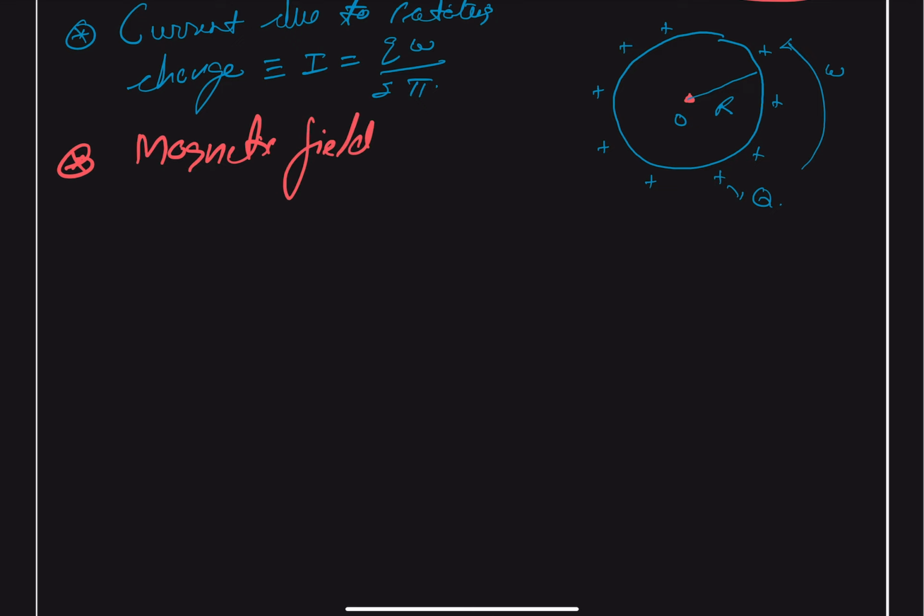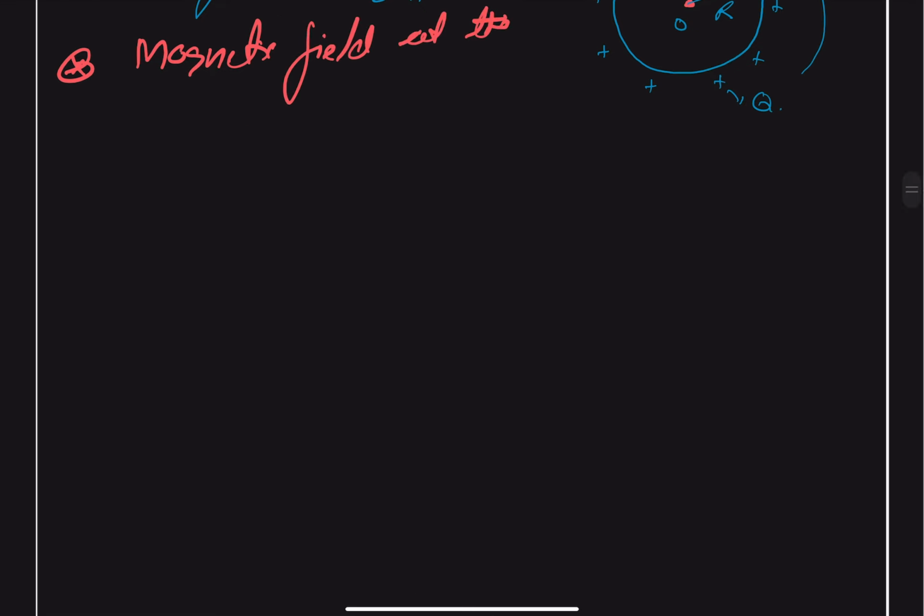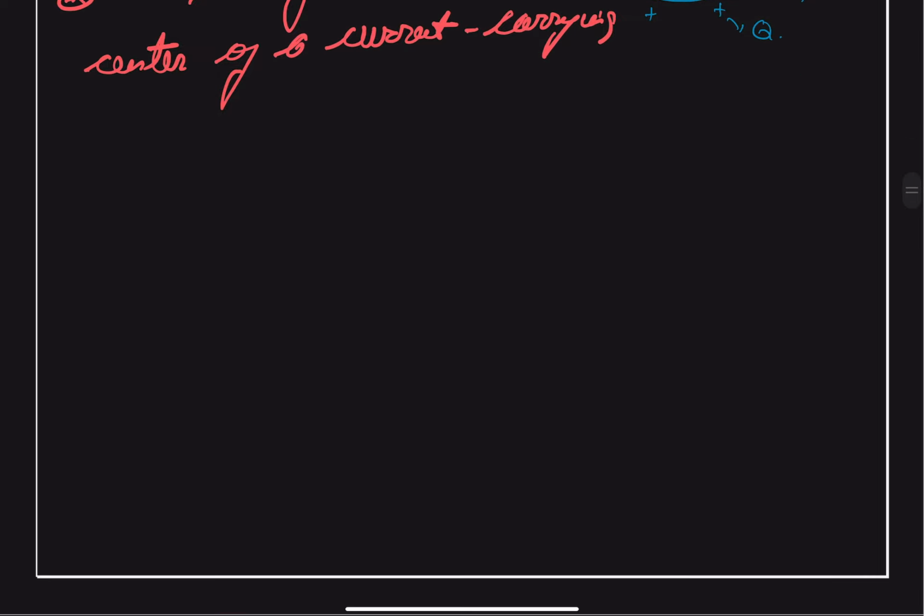Magnetic field at the center of a current carrying loop is given as B, which will be equal to mu naught I upon 2r.